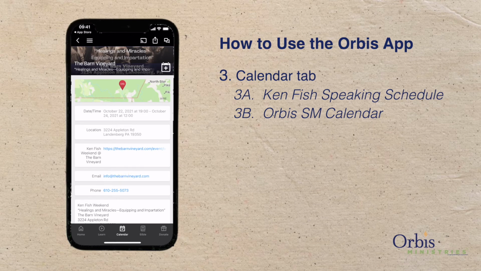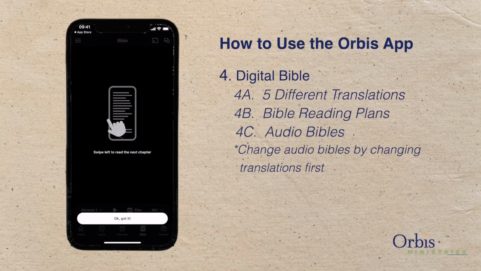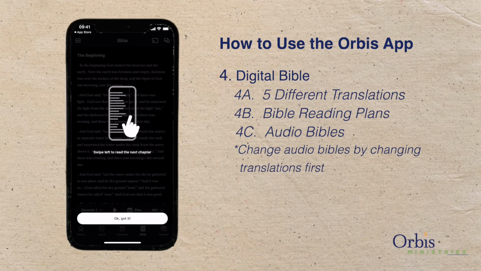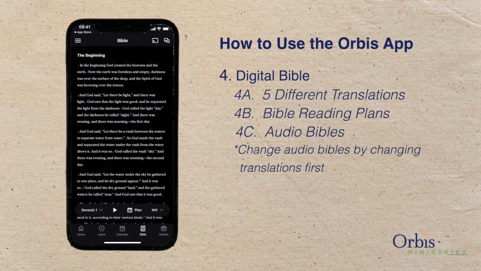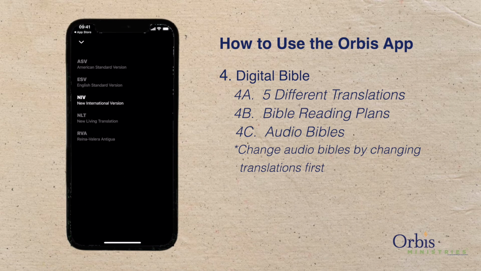Now the 4th tab on the Orbis Ministries app is the Bible tab, and this is a full digital Bible located within the Orbis app. We have a couple different features within the Bible tab. We have different translations that you can choose from, but we would specifically like to recommend ESV.